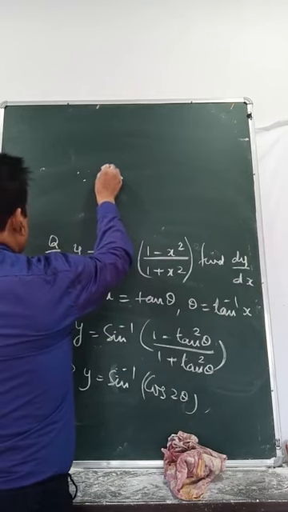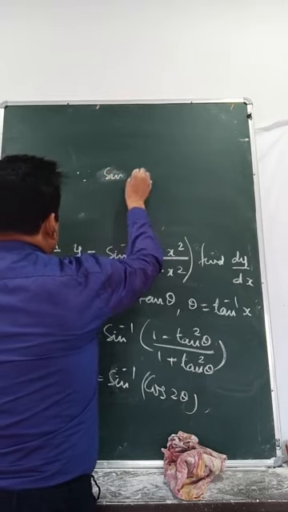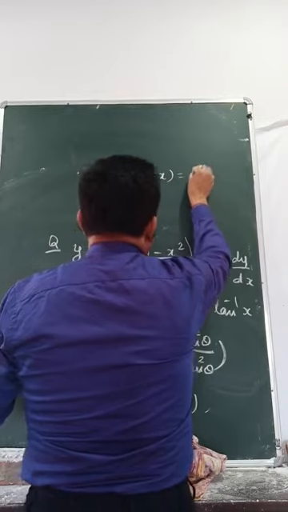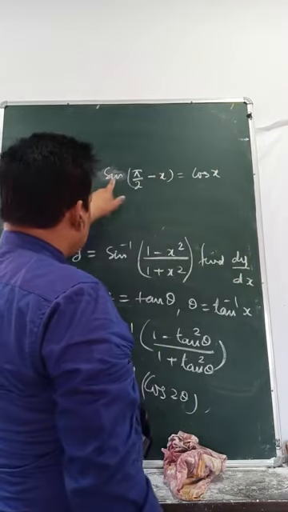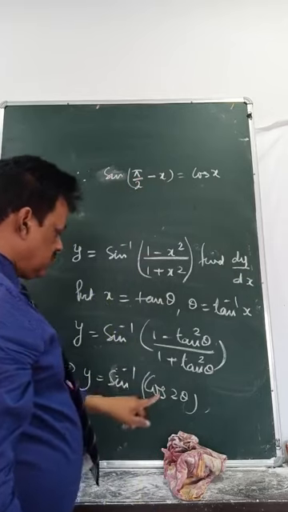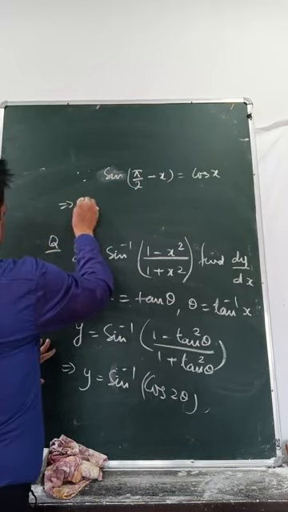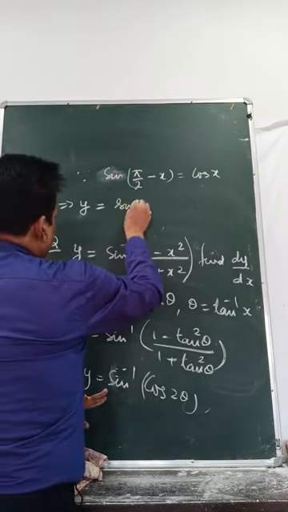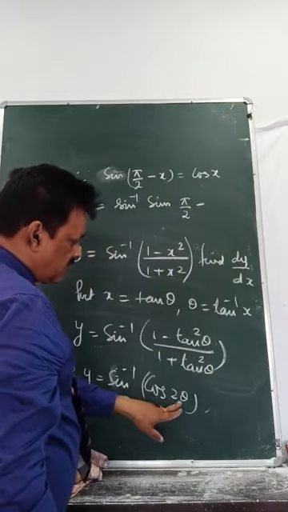Since sin(pi by 2 minus x) equals cos x, that means in place of cos, you will write sin(90 minus x). So this will be sin(90 minus x). So y equals sin inverse sin(pi by 2 minus 2 theta), where x is 2 theta.